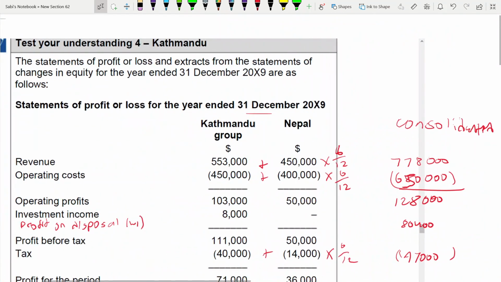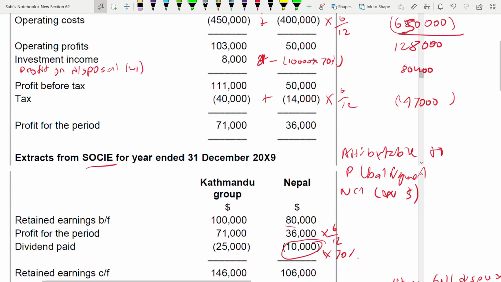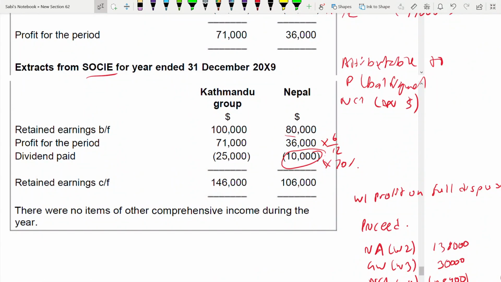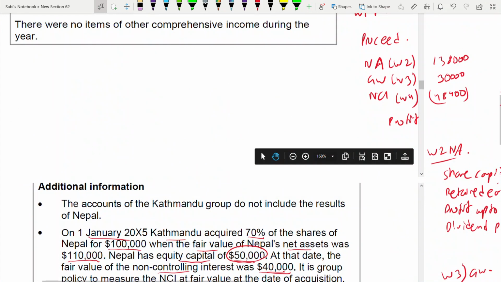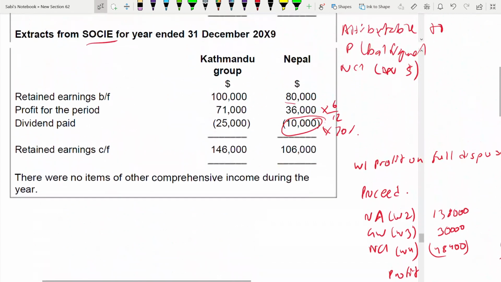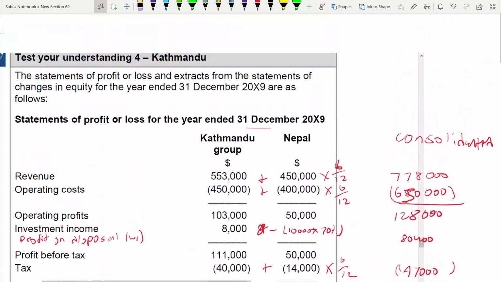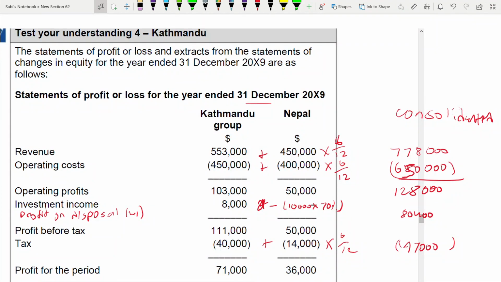So when you're taking this 8,000, you're deducting, in fact, from this 8,000, the dividend was 10,000, only the parent's percentage, 70%, you have to deduct from 8,000. This is the Nepal's, for investment income. So that's how you take, and it will be 1,000.